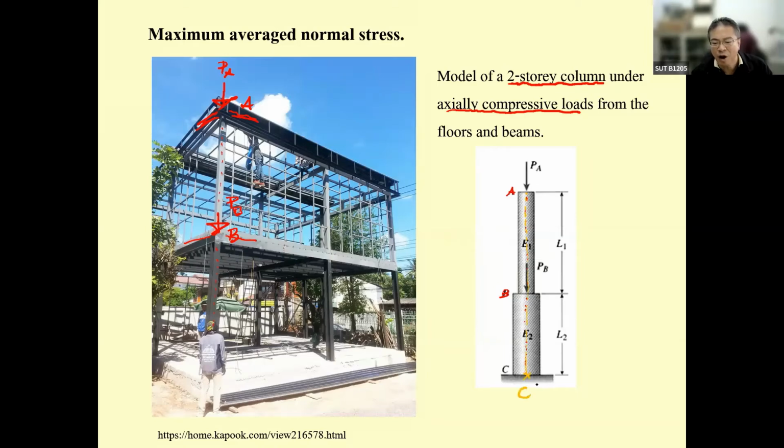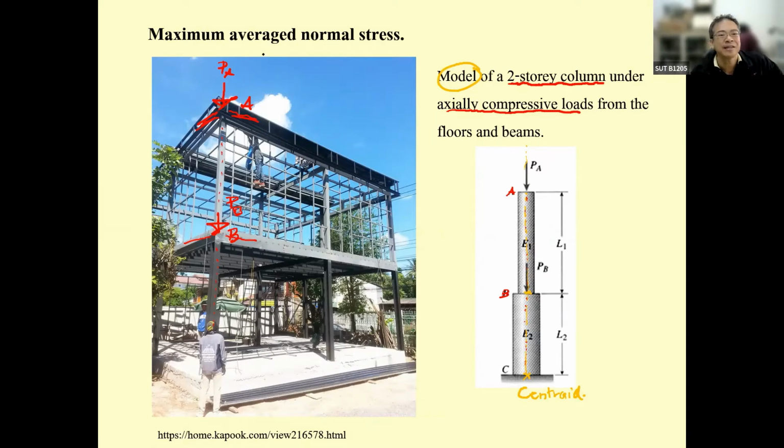We call this point C, the centroid of the section. So the forces align with each other from the top to the bottom. We may model the real column in this way.